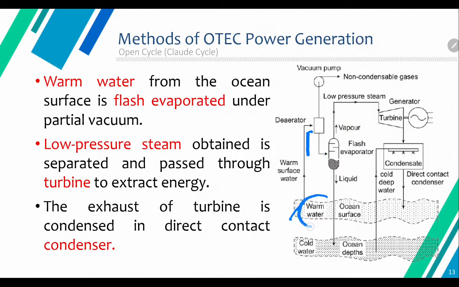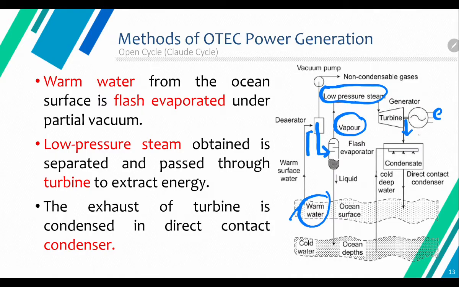I'll explain once again. From warm water we start. It goes to the deaerator, the gases go outside, and only the water comes inside. This water changes into vapor, which is low pressure steam, and it is given to the turbine, which rotates and is coupled to the generator, so that we can produce electrical energy. The steam output is connected to the condenser.